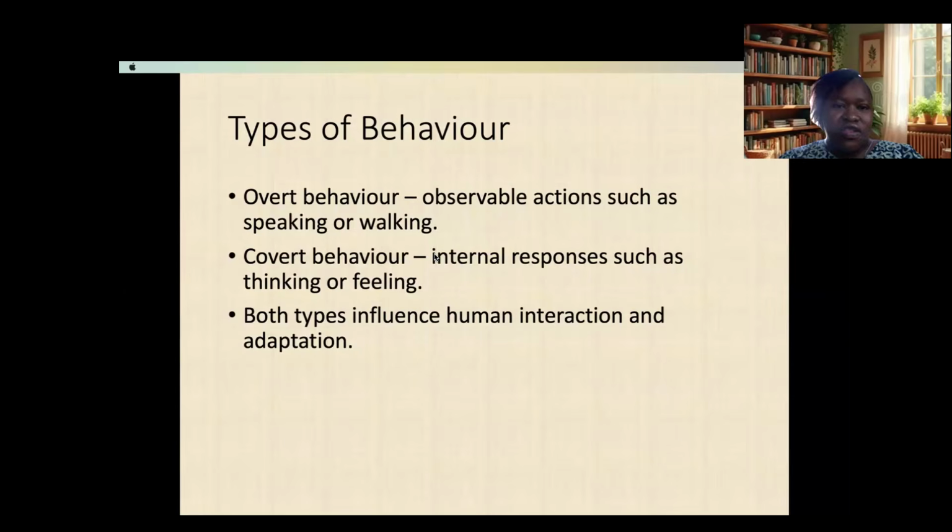Honestly, you might insult the man. Like, I won't start again, don't break my heart. So your adaptation and your interaction with others might be influenced. So now you can see how covert and overt behavior can both influence our interaction and our adaptation.